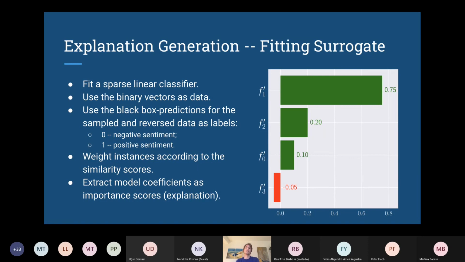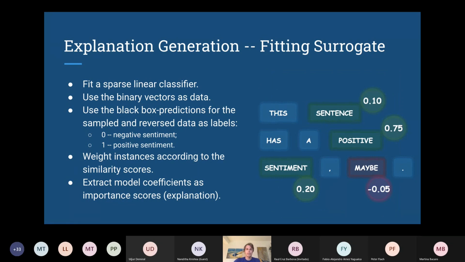So in this case, the first interpretable component has high positive influence towards the positive sentiment prediction, followed by second token, 0th token, and third interpretable token. This may not be very informative. Fortunately, for text data, we can express the same explanation alongside the original sentence.